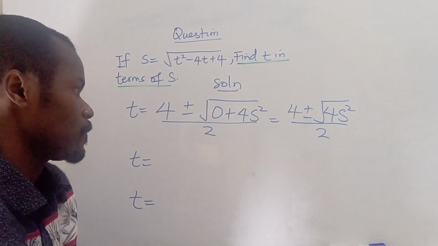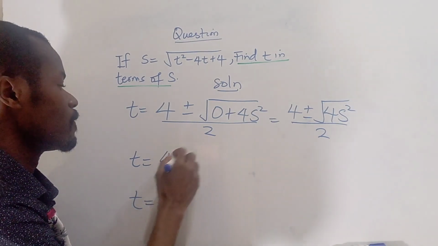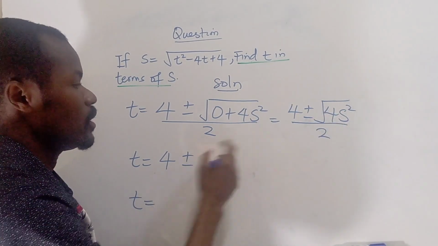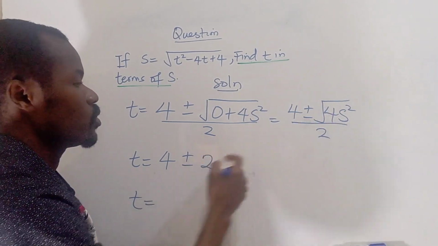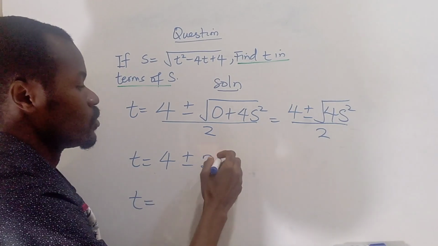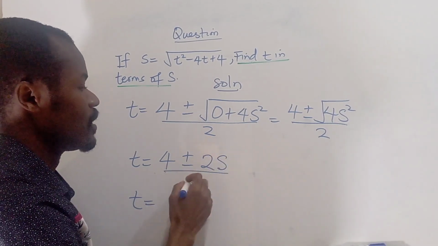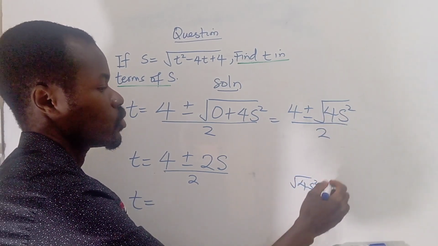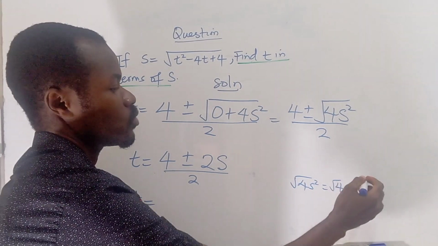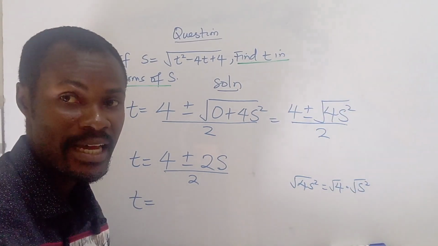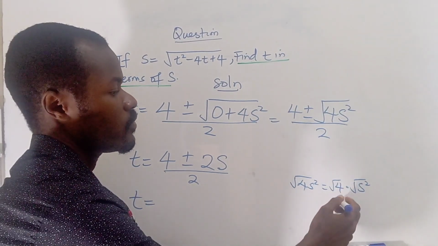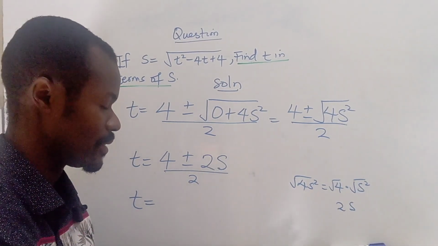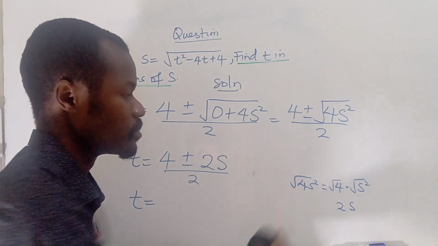So finally we have 4 plus or minus the square root of 4s squared, which is the square root of 4, that is 2, times the square root of s squared, which is s. So all these are divided by 2. Remember, the square root of 4s squared also means the square root of 4 multiplied by the square root of s squared. Applying your knowledge of surds, the square root of 4 is 2 and the square root of s squared is s. That's how we have 2s.